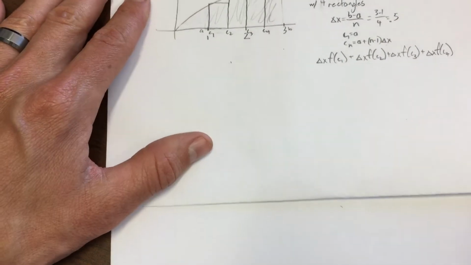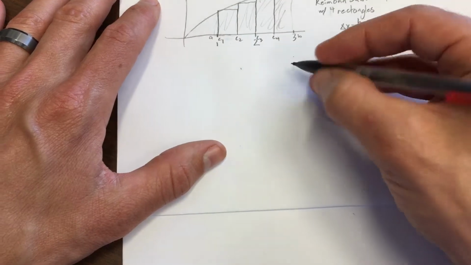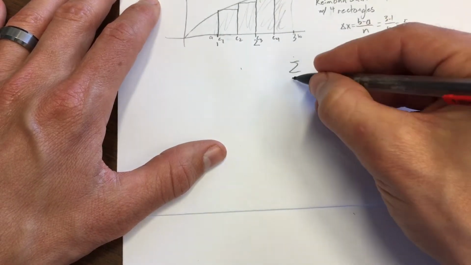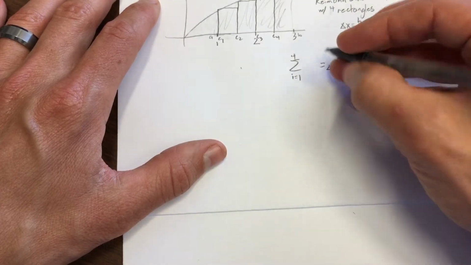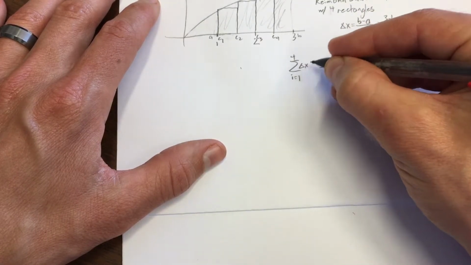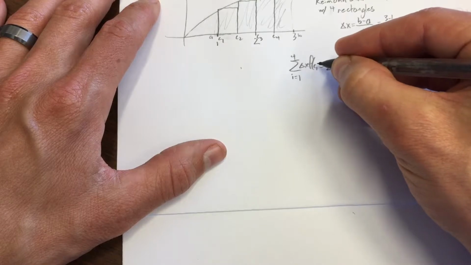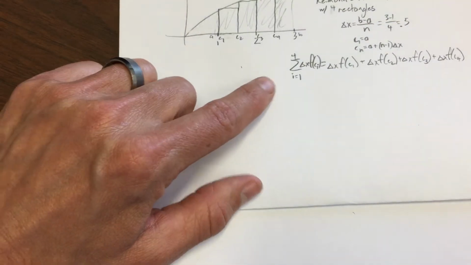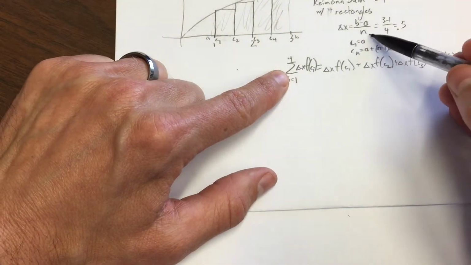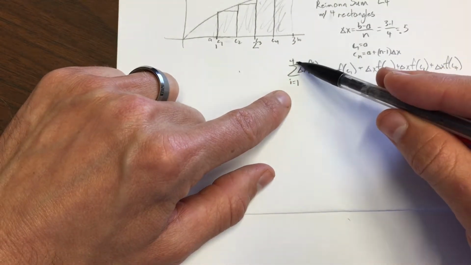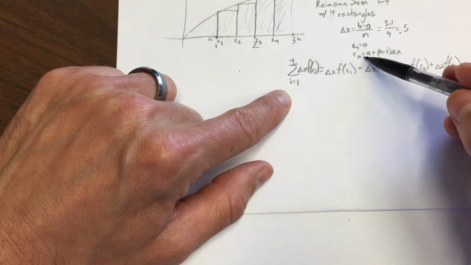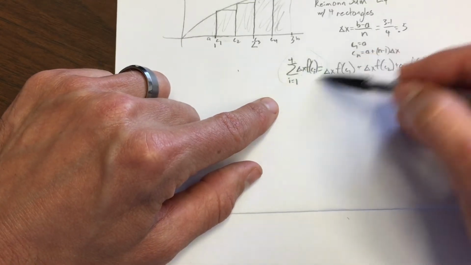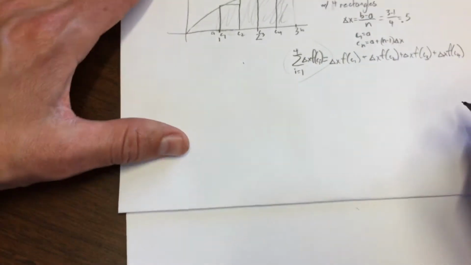And you could use summation or sigma notation. You could say the sum i equals 1 to 4 of delta x f of ci. And if you wanted to generalize, you could do this for whatever n you wanted. Delta x would change, the ci's would change, and so on. So this is nice notation.